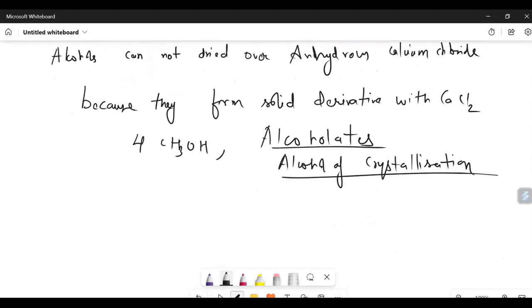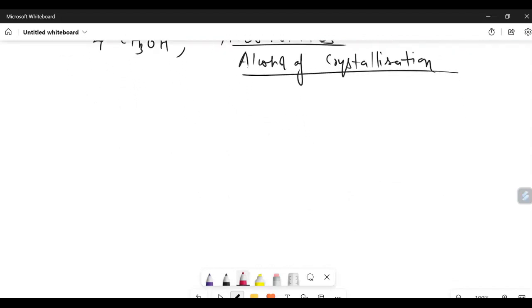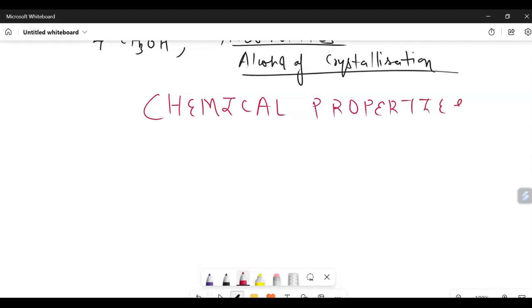So this is the thing, and next we are going to discuss the chemical properties of alcohol. You can write down the heading chemical properties. Let's discuss that.